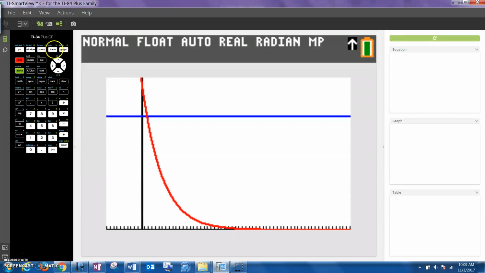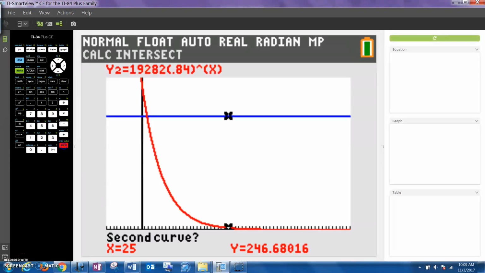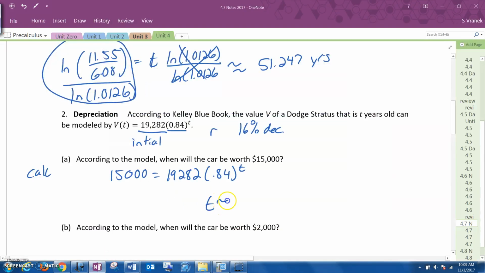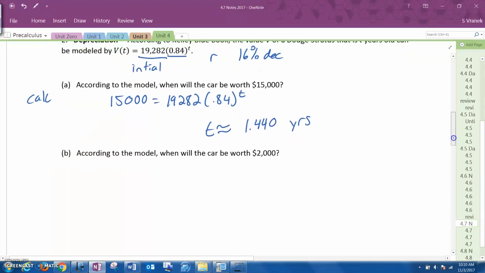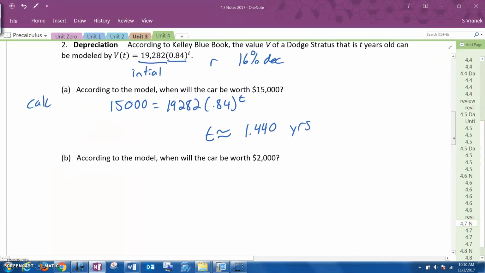I could hit second, trace, 5 again, enter, enter, enter, and we get 1.440 for t. So after only 1.44 years, the car will be depreciated from 19,282 all the way down to 15,000.